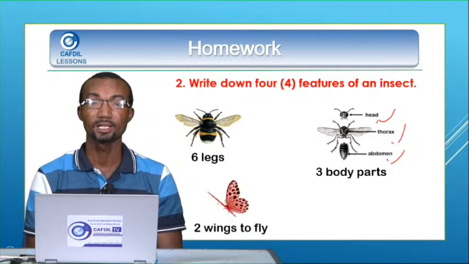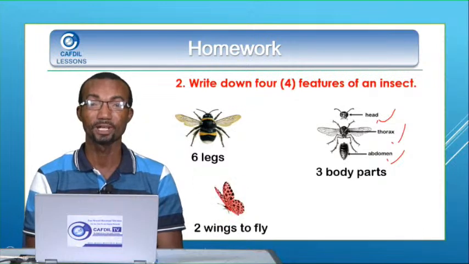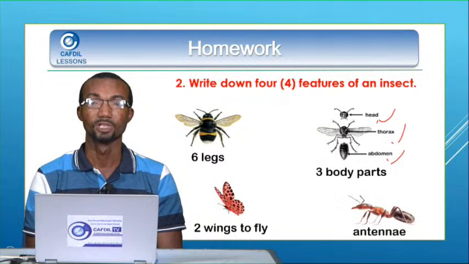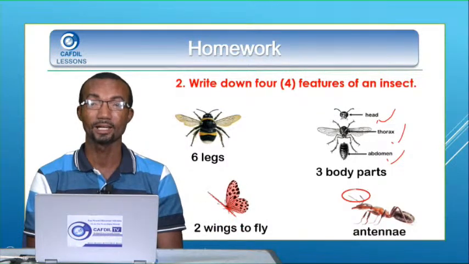Some insects also have 2 wings to fly. So you can see the butterfly there flying. Then the fourth one is insects have antennae. As you see on the screen, this is the antenna.